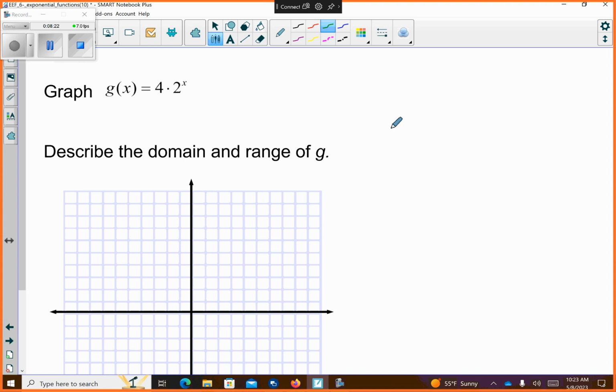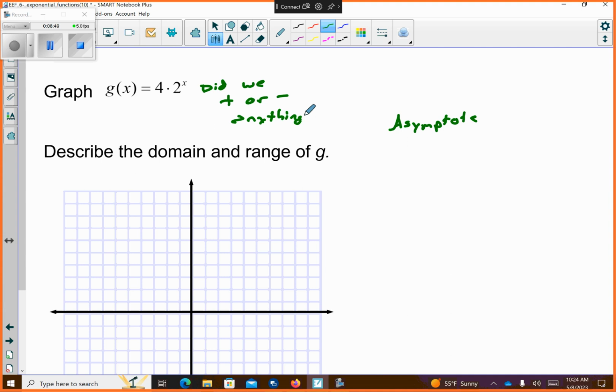So the first thing I want to do is figure out the asymptote. How we find the asymptote is: did we add or subtract anything?